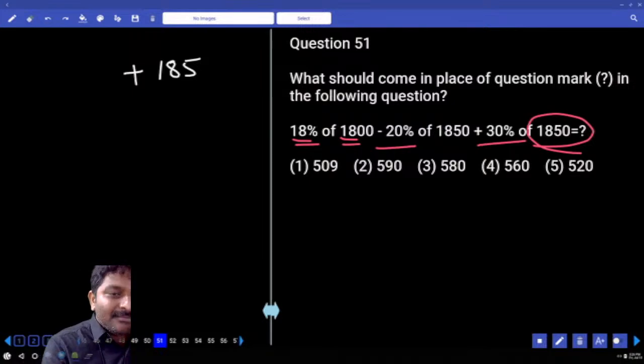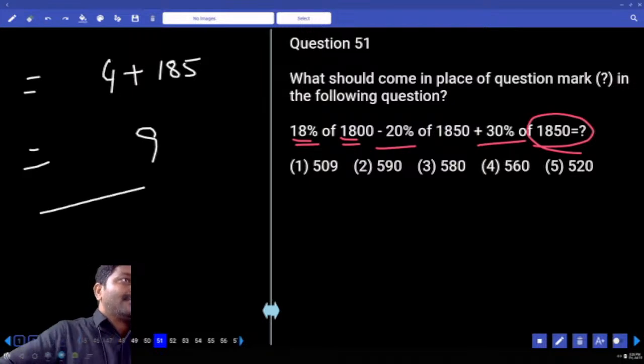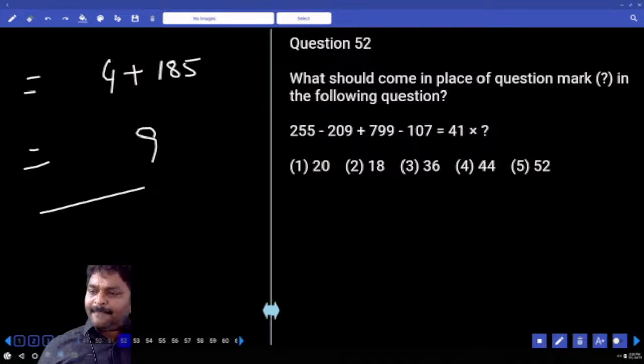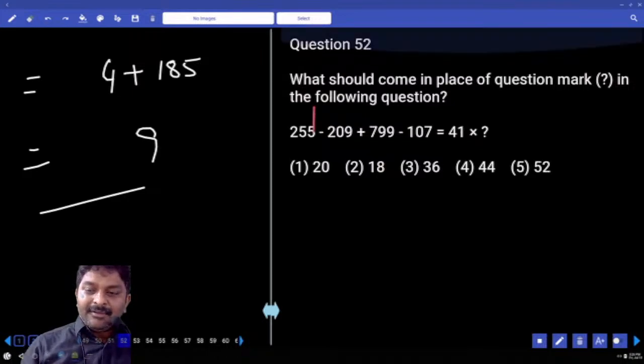Answer ends with done. ఒకటే ఉంది. లాస్ట్ డిజిట్ 5 minus 9 plus 9 gets cancelled.